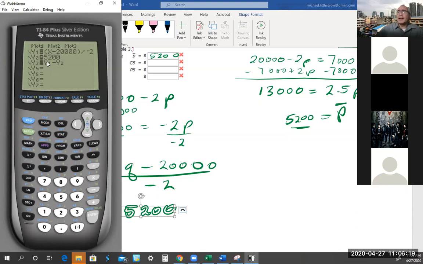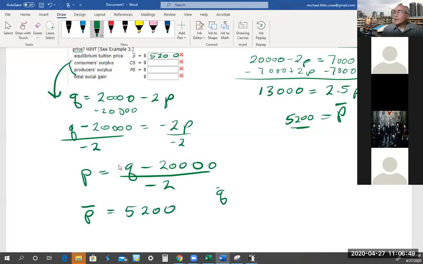So I'm turning off my subtraction function. What I need to find is exactly the boundary, so it's going to go from 0 until wherever the intersection point is. So we go second calc, number 5, enter, enter, enter. Our intersection point is 9,600. So that's our Q bar, right? 9,600.